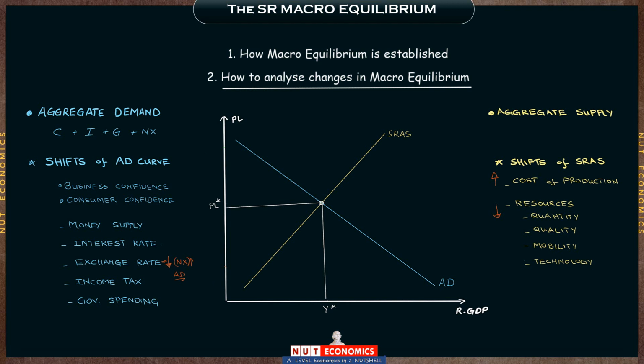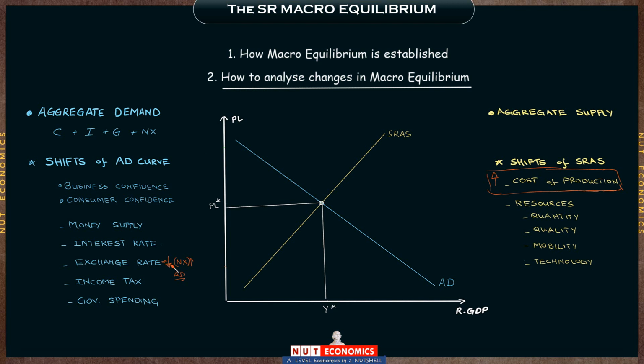So if exchange rates are falling, your net exports will increase and therefore your aggregate demand will shift to the right. But then you also have to remember that if your exchange rate is depreciating and your imports are becoming expensive, then your country's cost of production will also increase, because many countries import oil or energy, which is the main source of input into all the production processes.